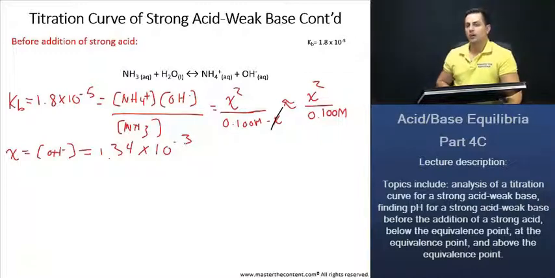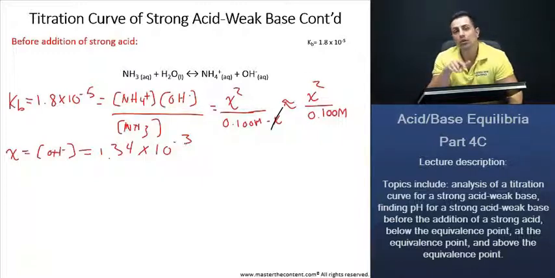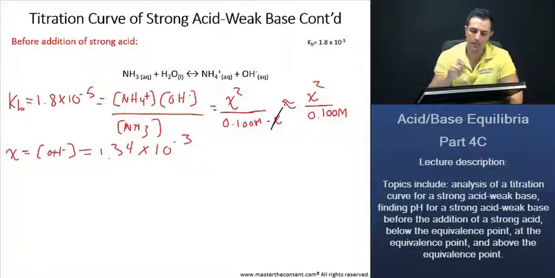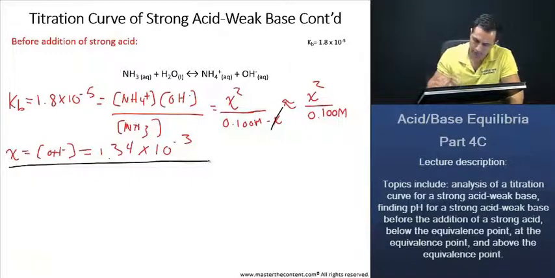Once you have a hydroxide concentration, what are we going to do next? Well, you can get the pOH, and then from the pOH, we can get the pH. So let's do that.